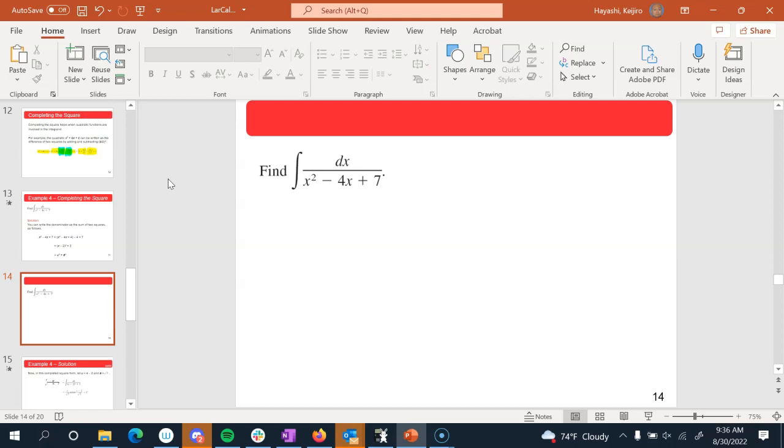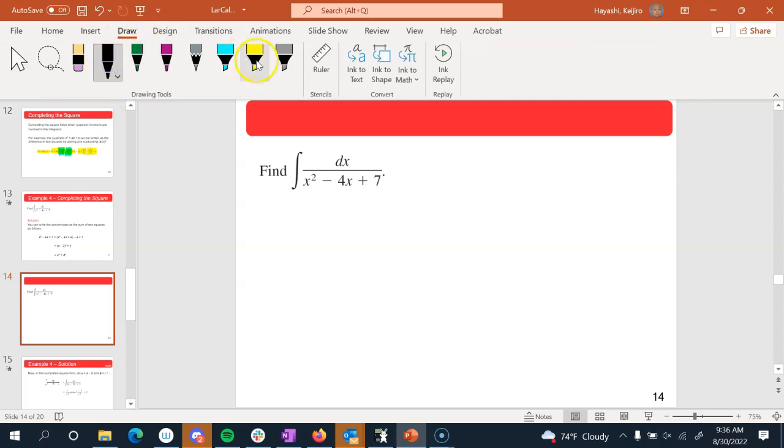It doesn't really fit the form of any integrals or antiderivatives that you've learned up to this point. But that doesn't mean it can't be done. Let's see what this looks like after we complete the square.